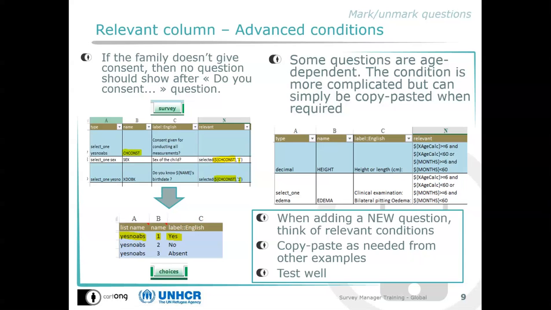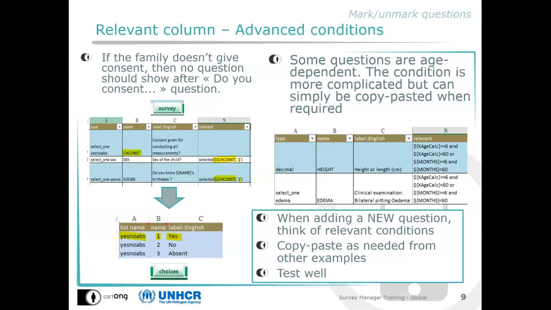Okay. So one thing to take away from what I've just been explaining is that whenever you are adding a new question, you would need to think of the relevant conditions. Is it a question that always needs to be asked, except if there has not been a consent?